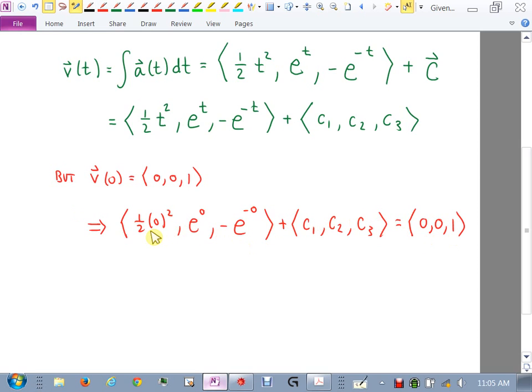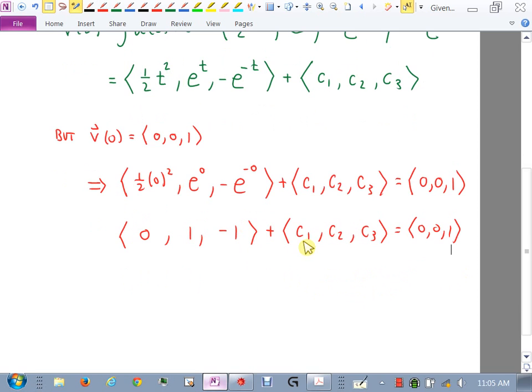Now what is this vector when I plug in 0 here? What do I get? 0, 1, negative 1, plus my constant vector must be 0, 0, 1.